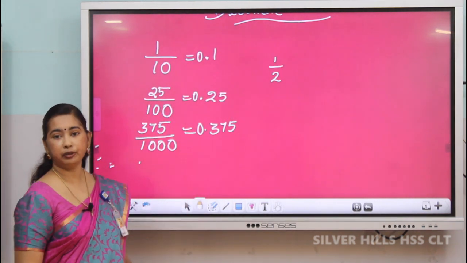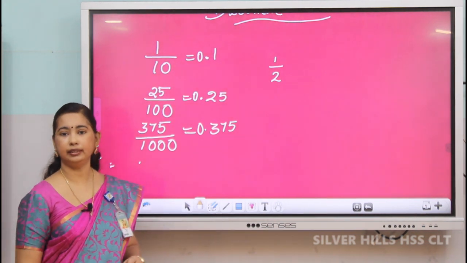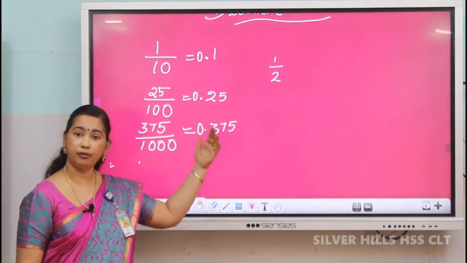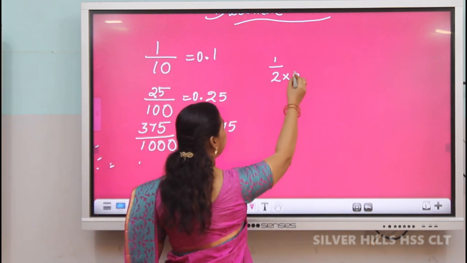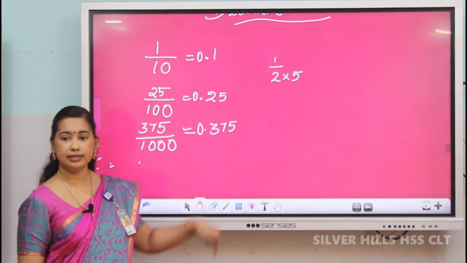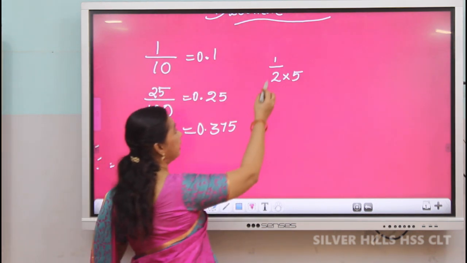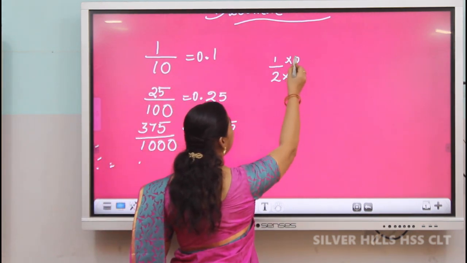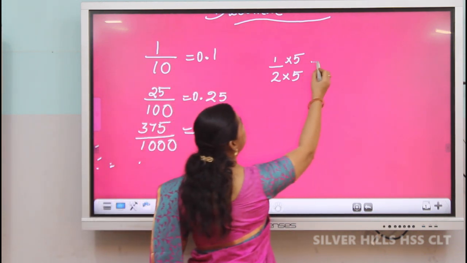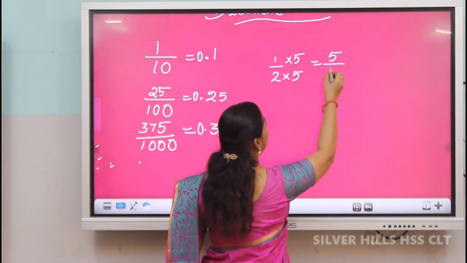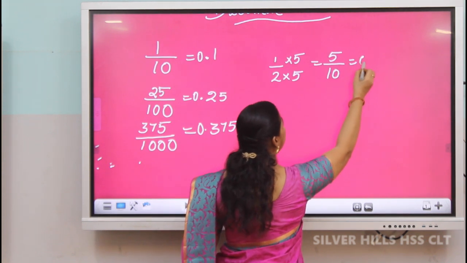Here it is not a power of 10, but we can make it as 10, by multiplying by 5. If I am multiplying a 5 over here, I will get it as 10. So, the same number should be multiplied in the numerator also. So, it becomes 5 by 10, that is equal to 0.5.